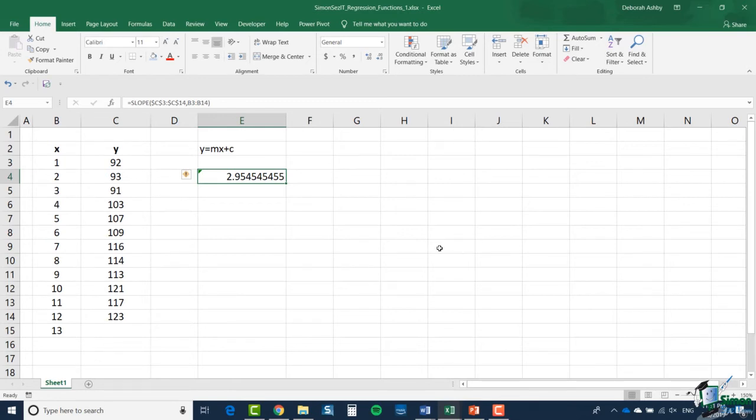And to find the value of C, I use the intercept function, and that function has the same arguments.